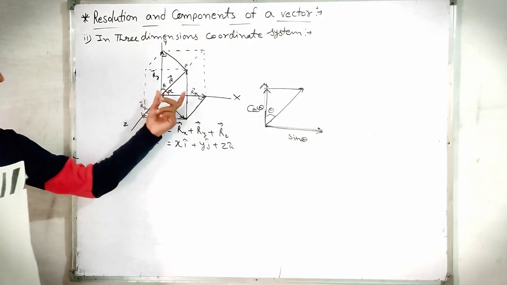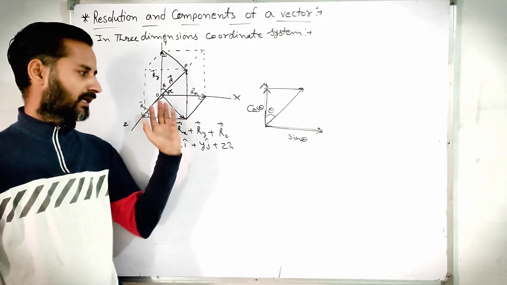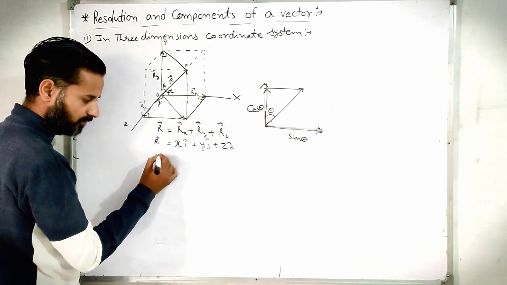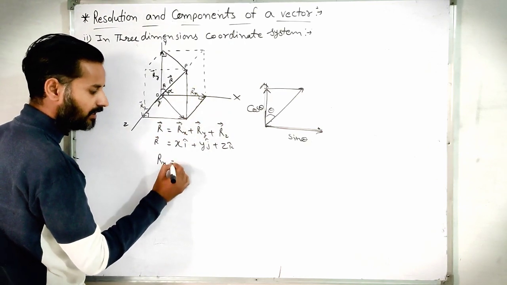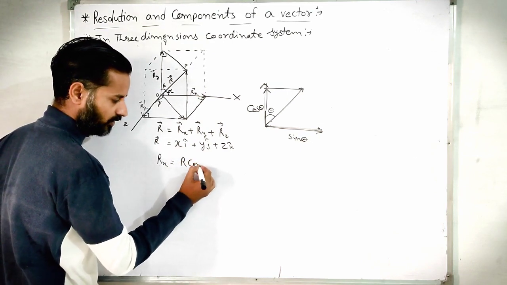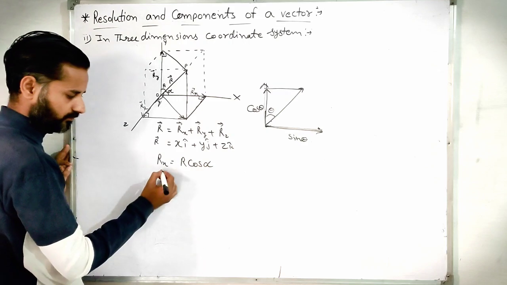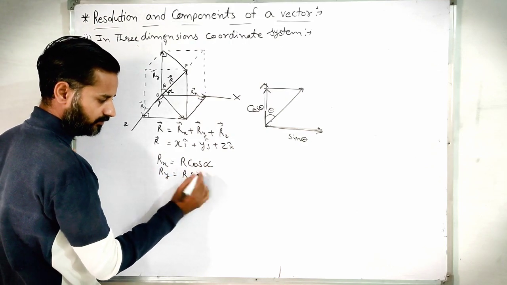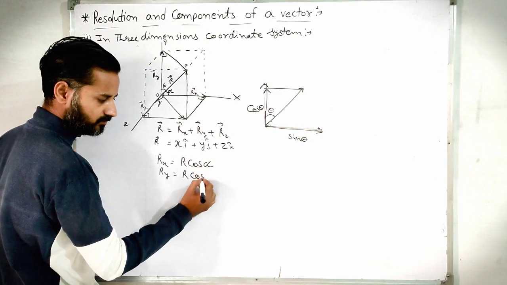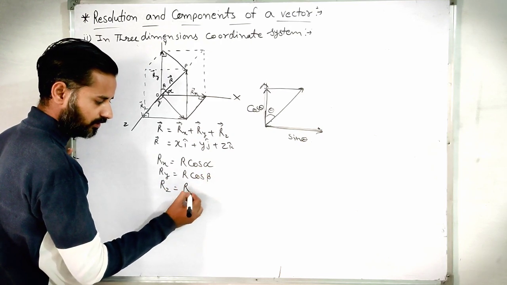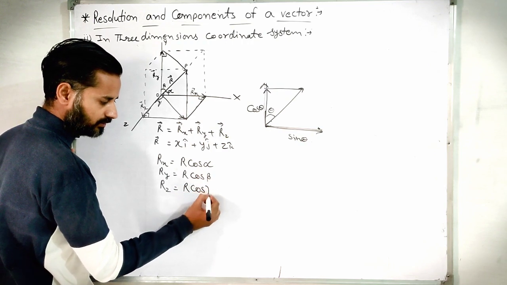So since here we have angles with all three axes, the x component Rx will equal R cos alpha, Ry equal to R cos beta, and Rz equal to R cos gamma.